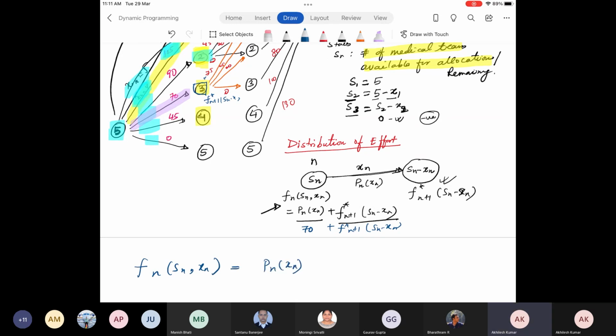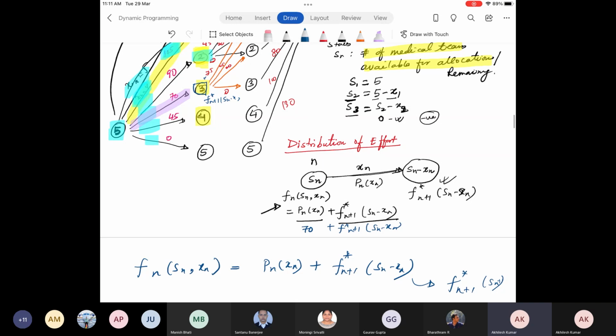So my recursive relation is Fn(Sn, Xn), which is equal to Pn(Xn), that is the immediate contribution to the profit, plus the optimal future contribution, which we can also represent as F star n plus 1 of Sn minus Xn, the next state Sn plus 1.